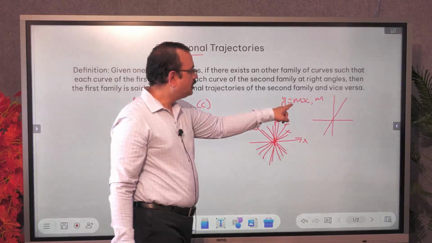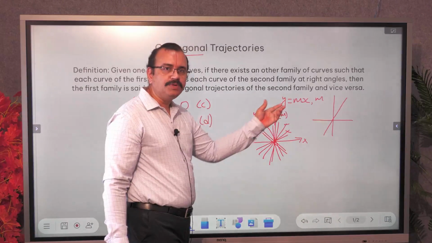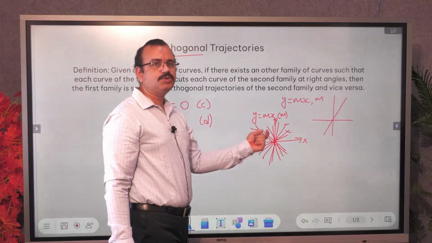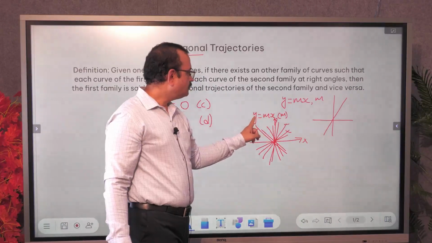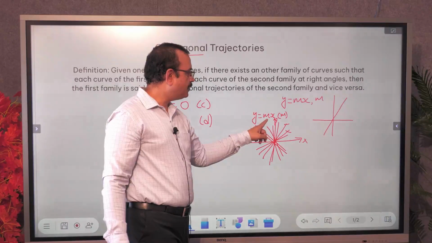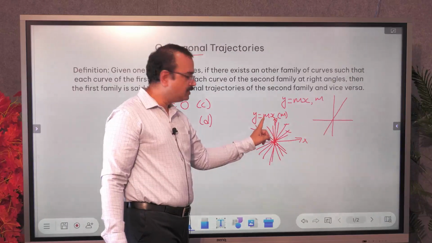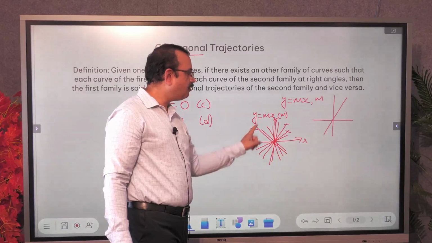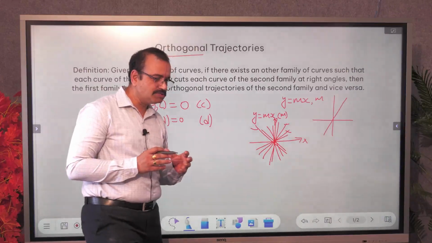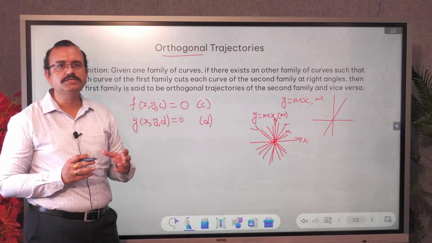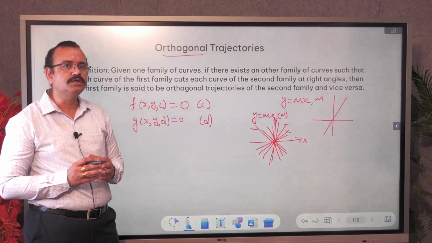If m is a constant, the equation y is equal to mx represents only one straight line passing through the origin. Once again, if m is an arbitrary constant, it represents a family of straight lines passing through the origin. That much is the difference between a constant and an arbitrary constant.